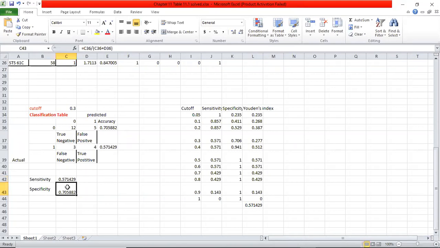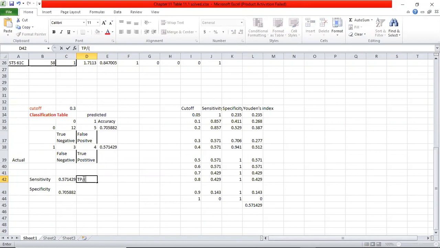Similarly, specificity means how many zeros are correctly classified.